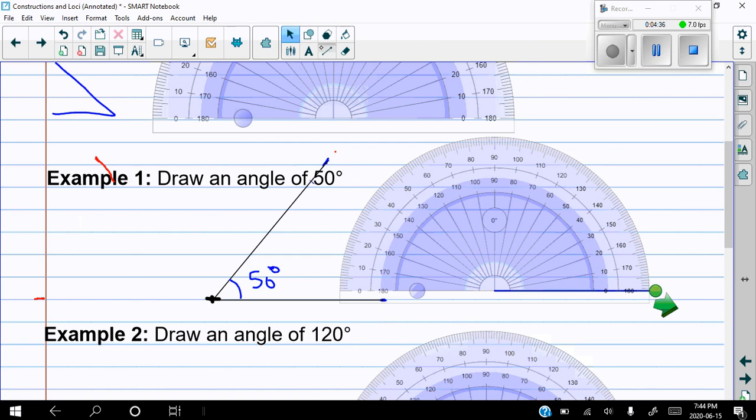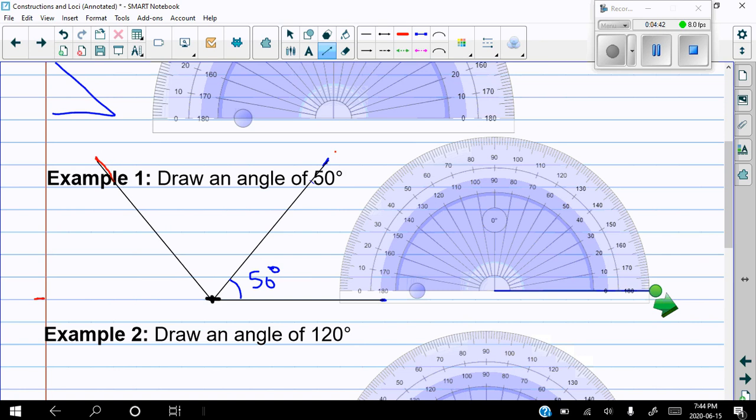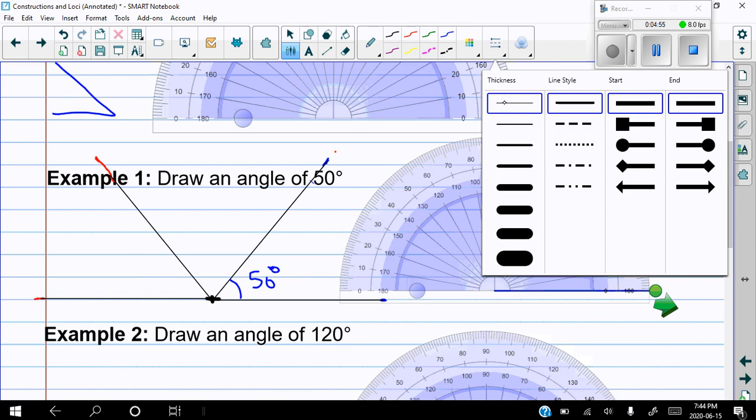The more accurate you draw it, the more accurate your results will be. So starting at our point, up to our line, and the other point over to our line on the left. And we can finish this one off by labeling it as 50 degrees.